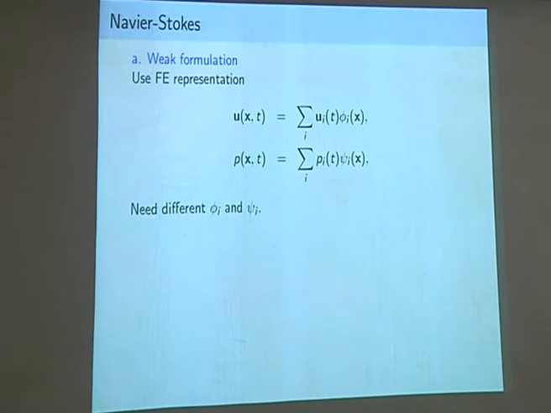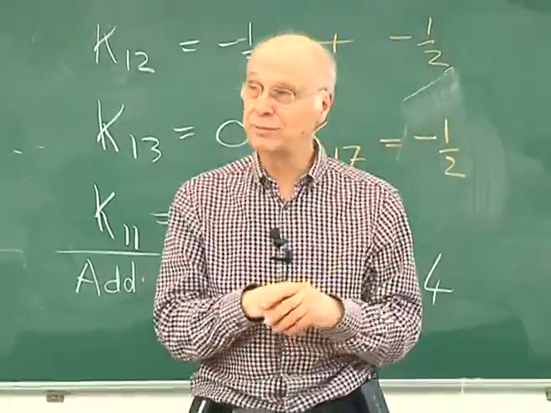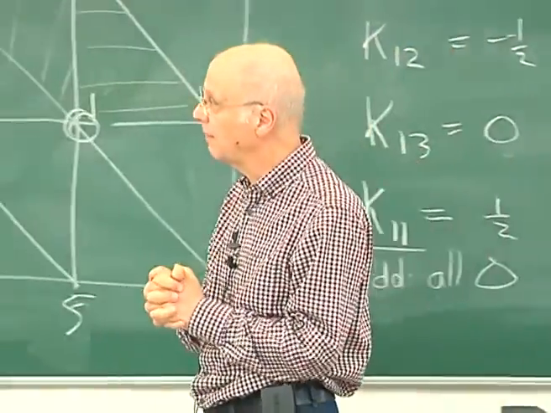Typically you would use quadratic functions for the velocity and linear functions for the pressure. Because if you think of your governing equation, you've got del squared u, which if u is quadratic is a constant, equal to grad p, so p ought to be linear. So we're dealing with the same order of magnitude polynomials.